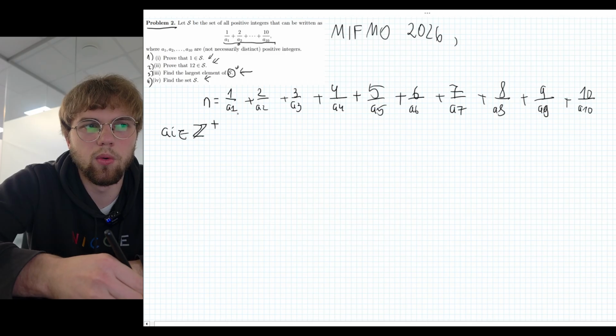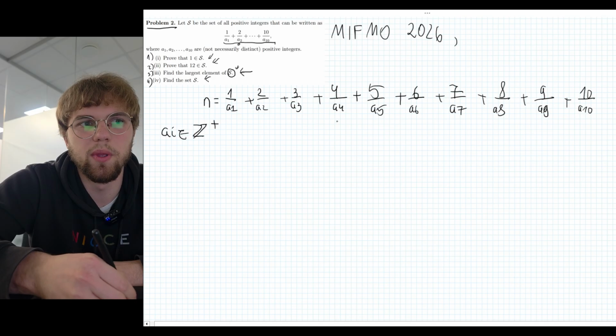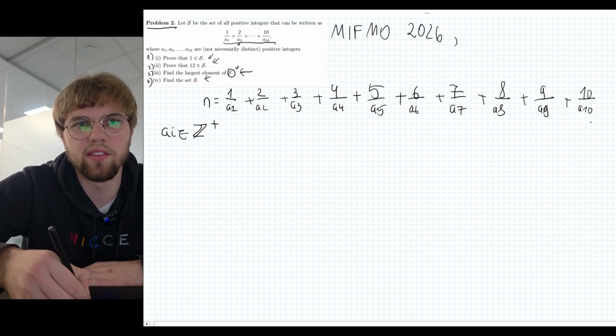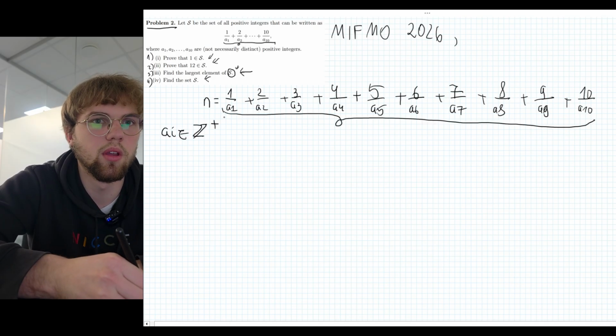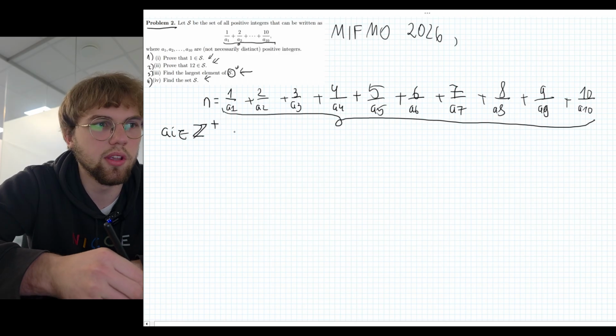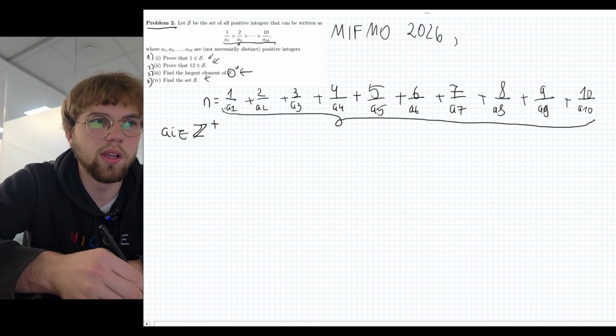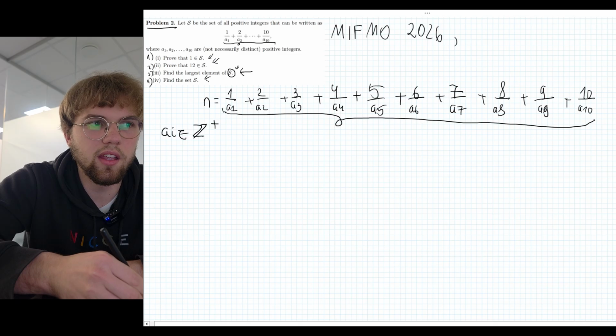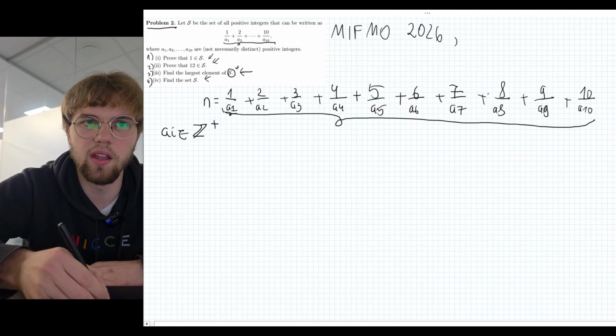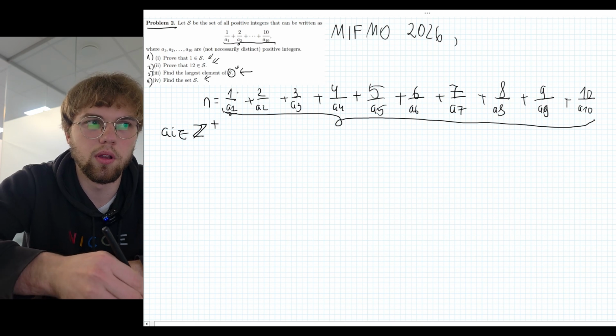So how large can this sum be, basically? It is what it is asking us. And actually not that large, because for each A_i, what do we want to do? We want to maximize n.